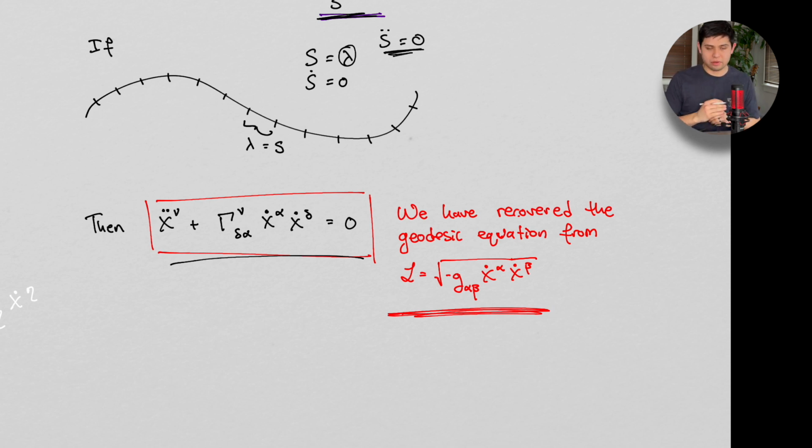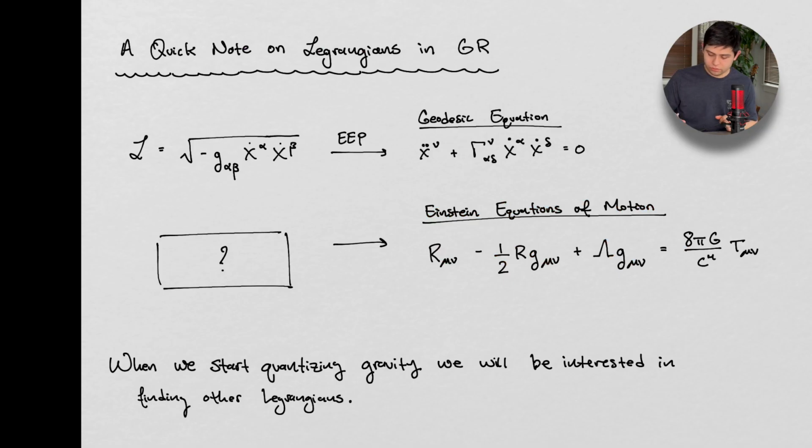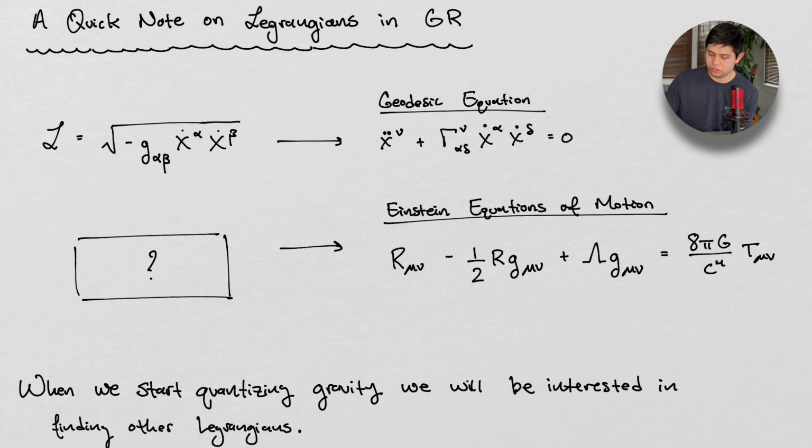Okay, I want to make one final note about Lagrangians. So we said that this guy here was our Lagrangian, and from this guy we were able to derive our differential equations, which is our geodesic equation.